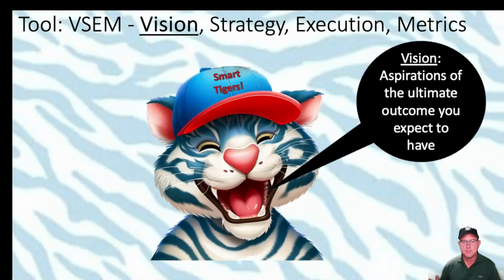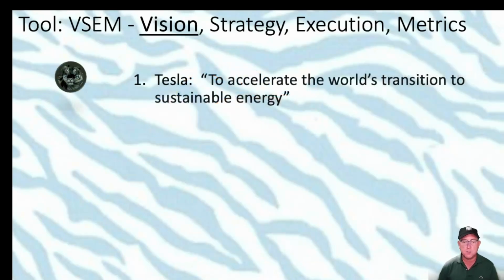All right? So now let's jump into vision, right? And the important thing about the vision is it's really aspirational, right? And it's your ultimate outcome that you expect to have. So I figured the best way to understand what a vision is, let's look at visions from successful companies. All right, Tesla. Their vision is to accelerate the world's transition to sustainable energy.